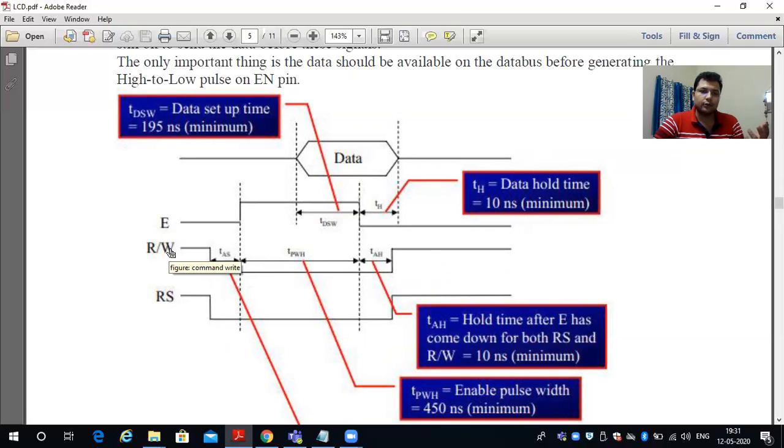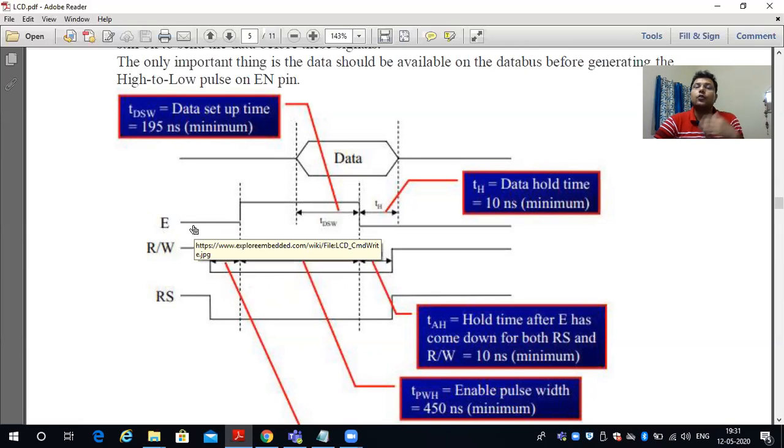And the second thing, when it is 0, your read and write signal, because we are writing the data over the display area, so read write also needs to be 0. That's why it is 0.